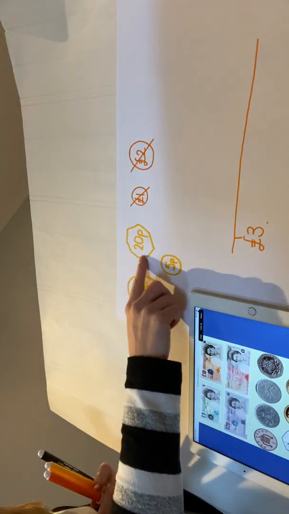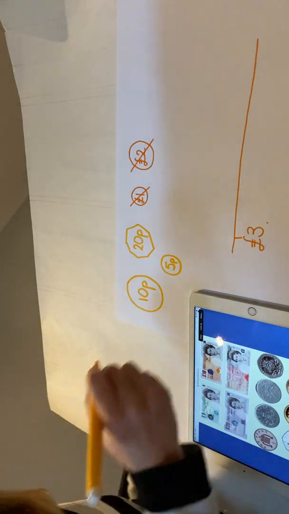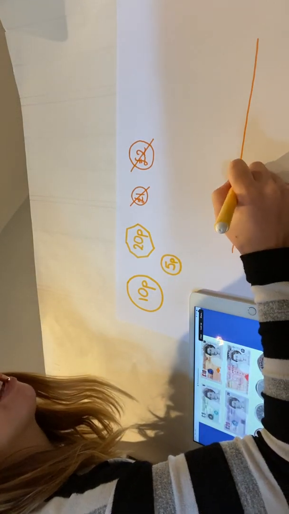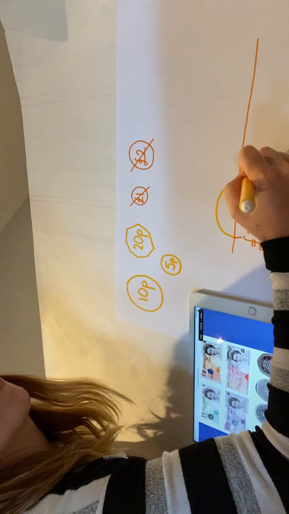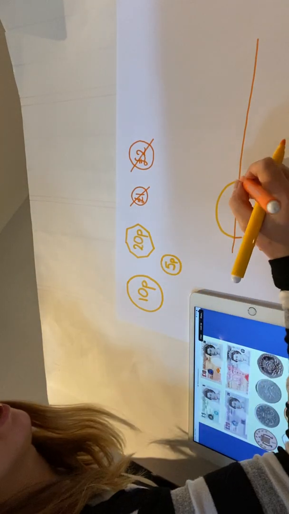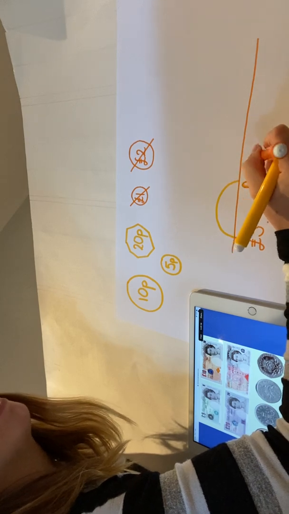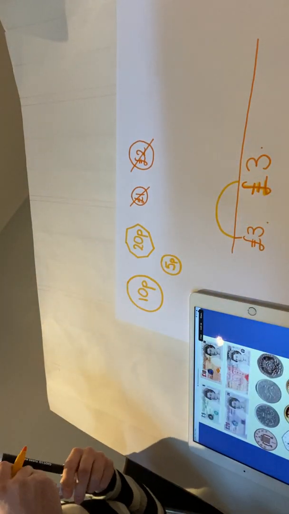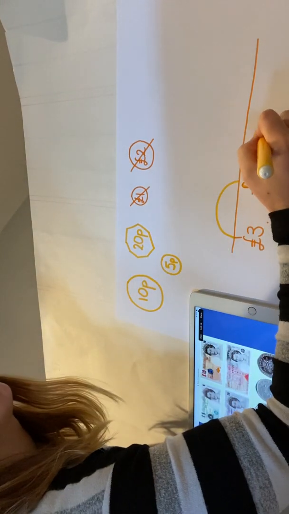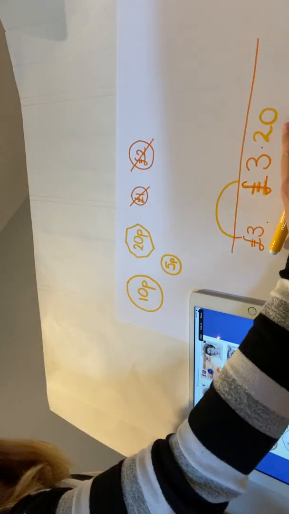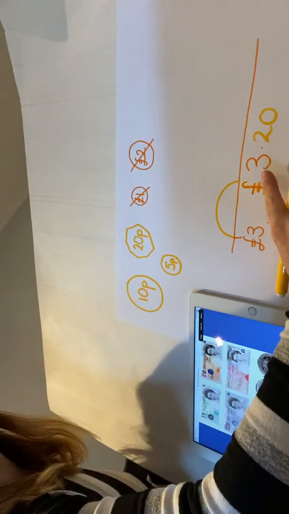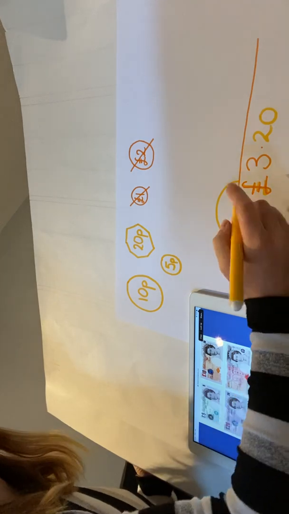So my biggest coin is 20. So if I've got my £3, if I do it in the right colour so you can see the difference, I've got my £3 and I've got 20 pence. Okay, my pence always goes on this side and my pounds always goes on this side of the decimal.